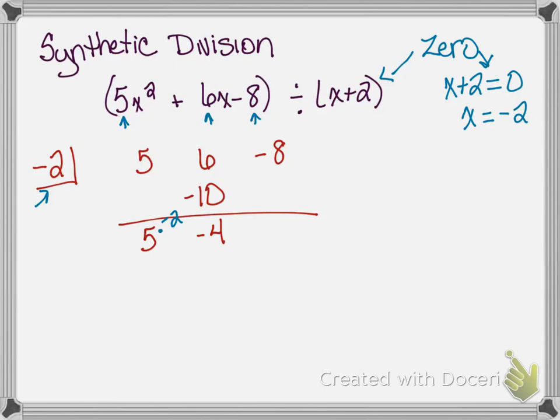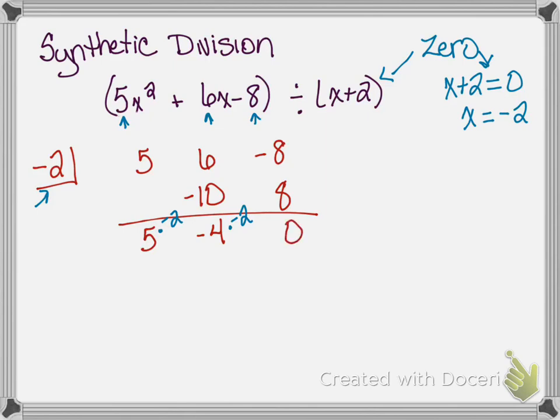I multiply that negative 4 times the negative 2, and I get 8. Negative 8 and 8 is 0.